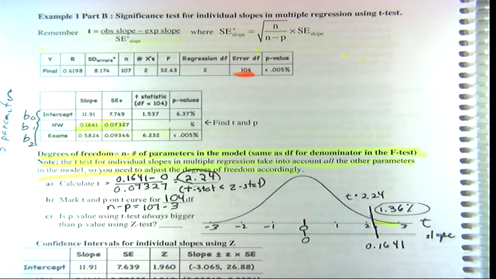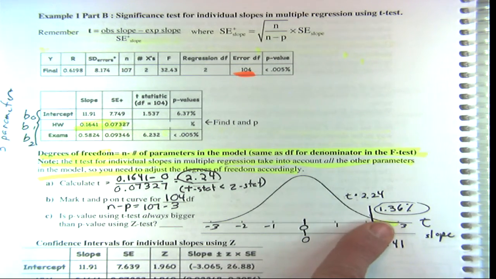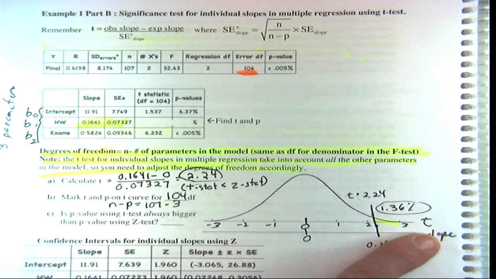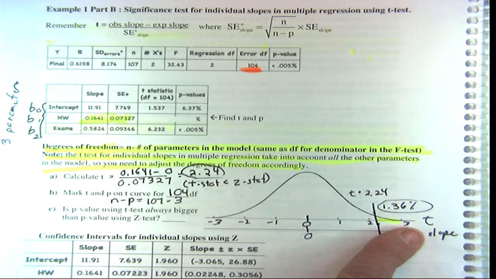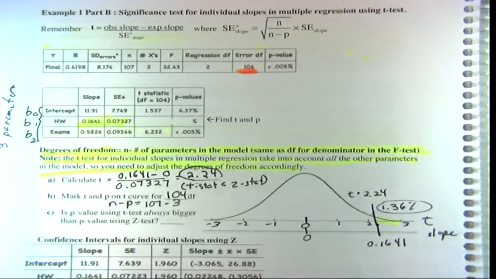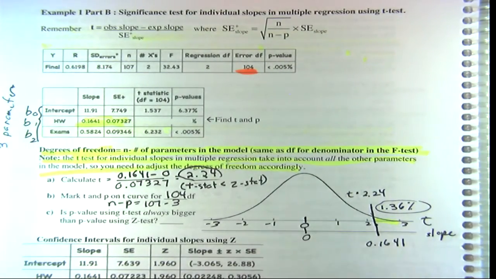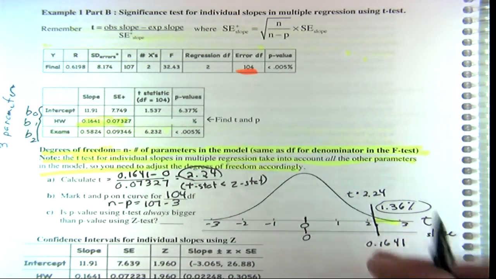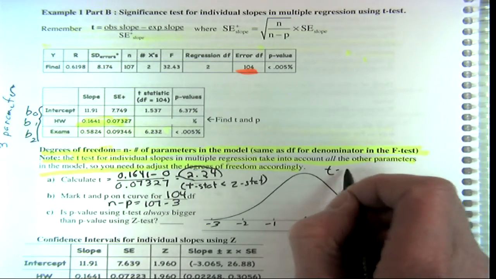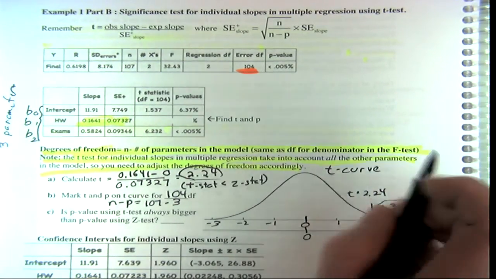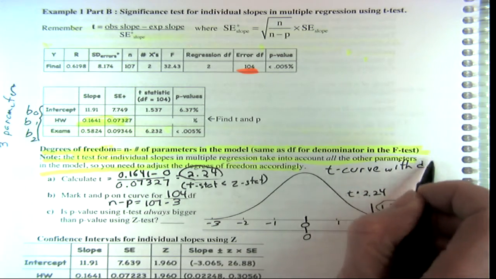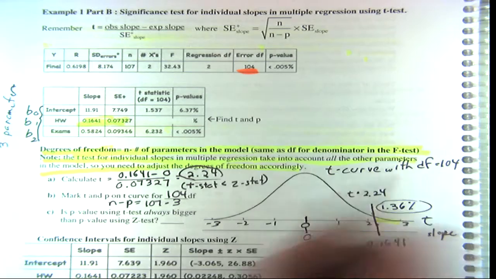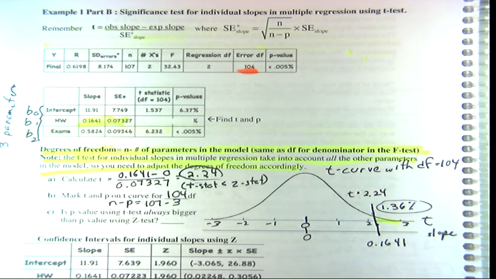That's your p-value right here. 104 is not in the back of our book, so I had to look on the computer for this. We want to look at the t-curve with how many degrees of freedom? So this is a t-curve right here, supposedly, with degrees of freedom equal to 104. Okay? That's what we're doing.